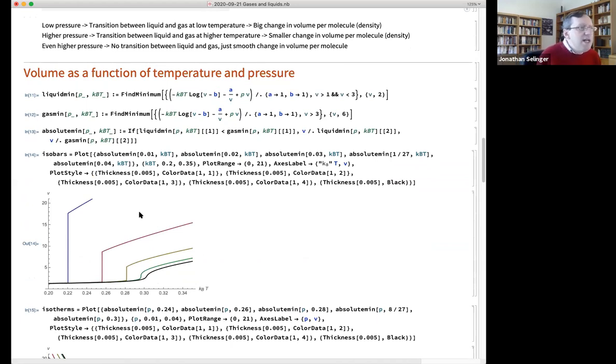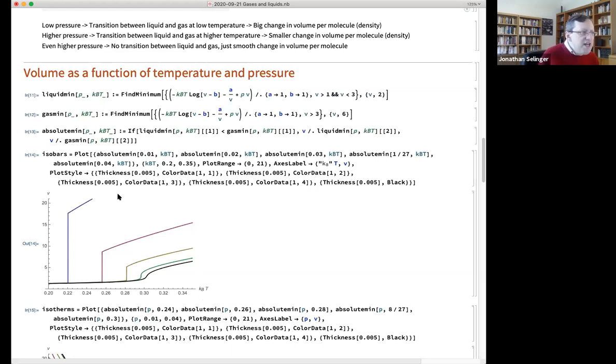Okay, so here are several plots for the volume per molecule on the vertical axis as a function of temperature on the horizontal axis at fixed pressure.